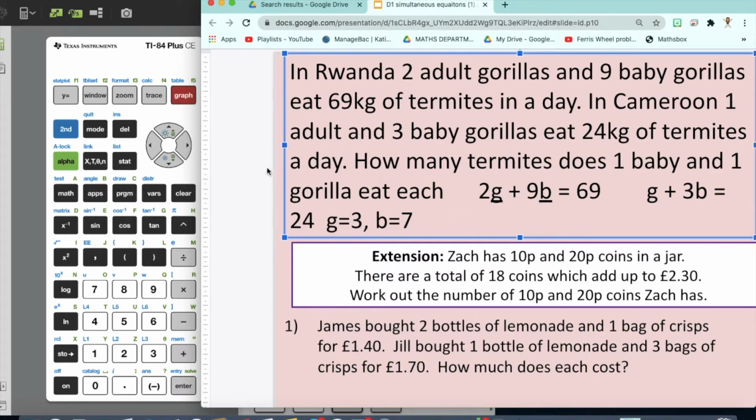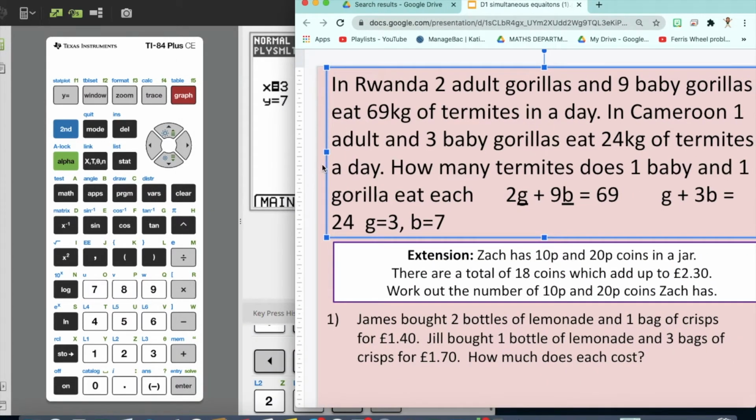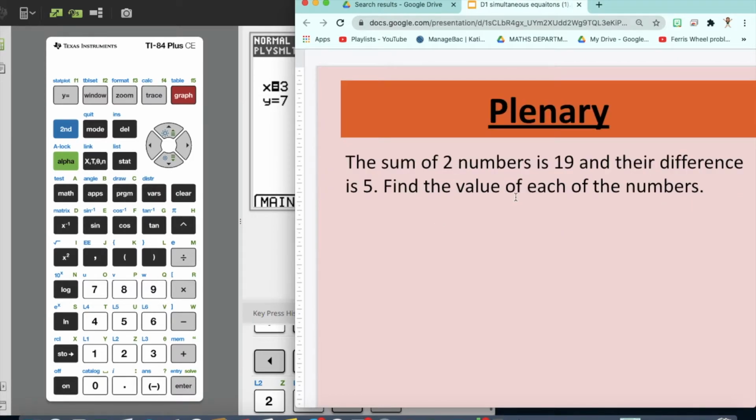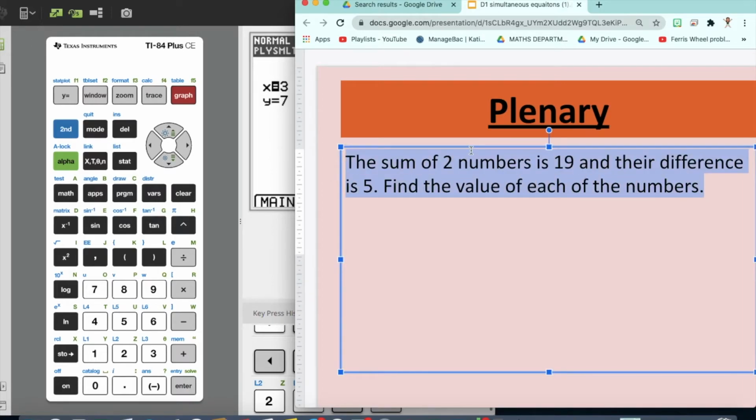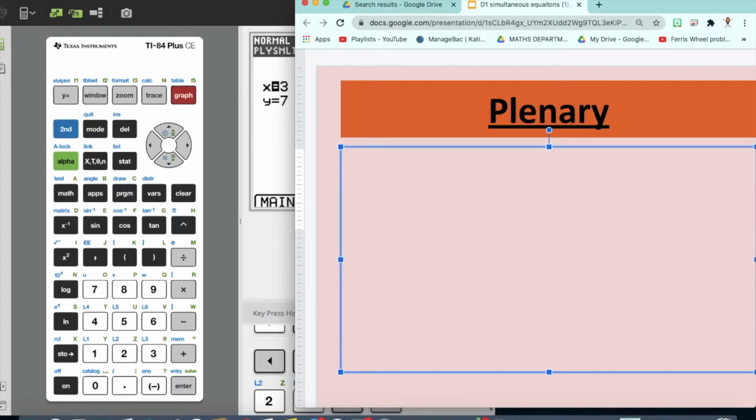I'm going to show you another question which is perhaps easier to solve in a different way. Let's have a think of a different type of question. So we're going to have a look at y plus 2x equals, let me have a think of a number that would work for this, 10.